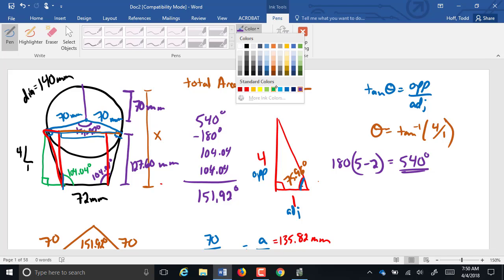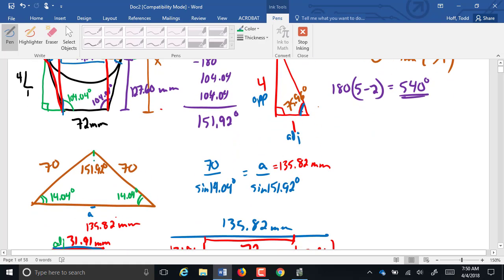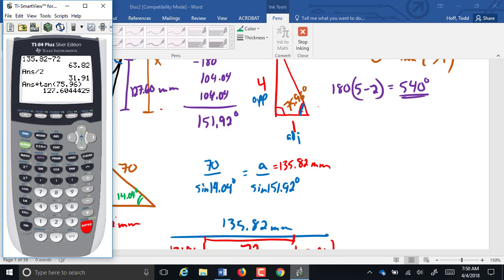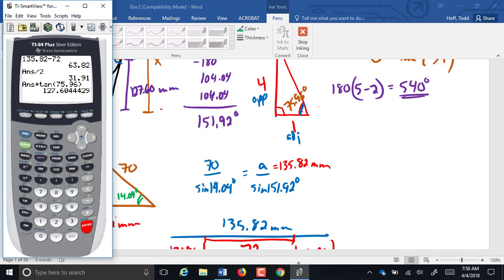So what I need now is this height, which would be the height of that little triangle there, which is just the height of this triangle right here. I'm going to show you a shortcut, then I'm going to prove to you that's right. I'm going to take my 135.82.